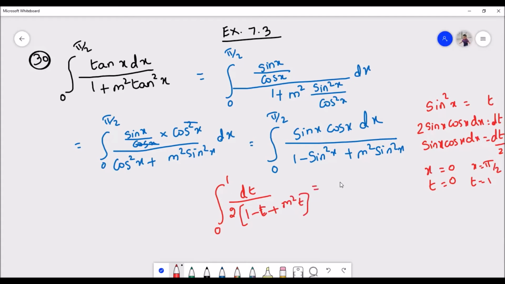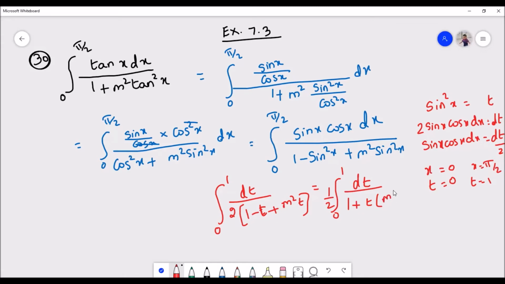So let us rearrange the problem and see if it comes in any formula form. Let me take 2 outside: half of integration of 0 to 1 dt by 1 minus t plus m square t. We can take t outside.